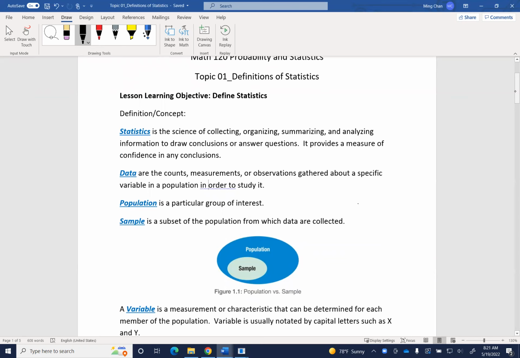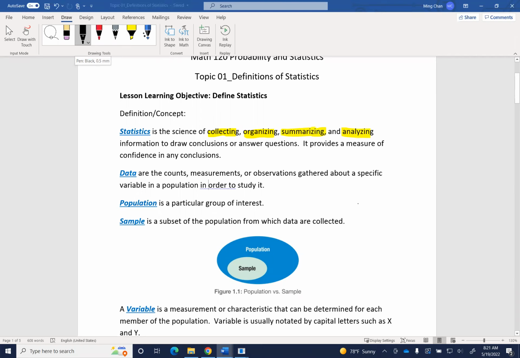So the very first word is the word statistics itself. What is statistics? Statistics is the science of collecting, organizing, summarizing, and analyzing information. What do we need to collect, organize, and summarize and analyze? Well, to draw conclusions or answer some questions.